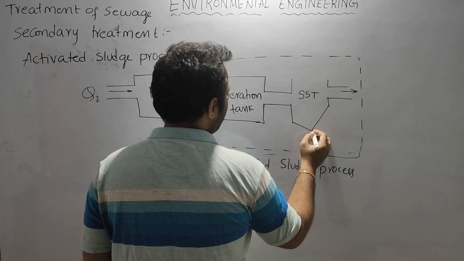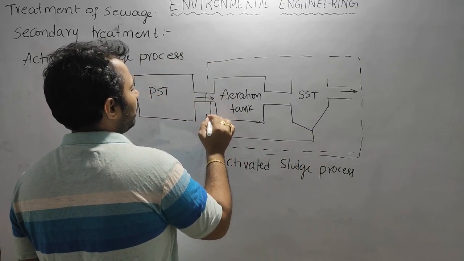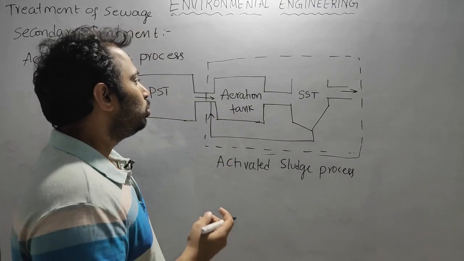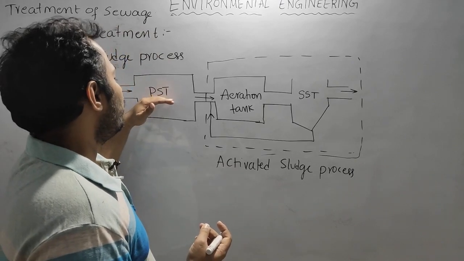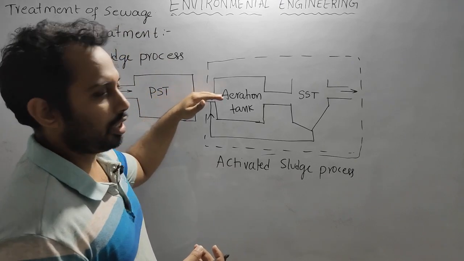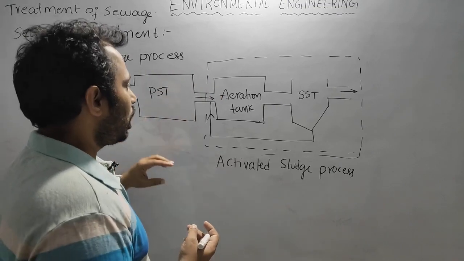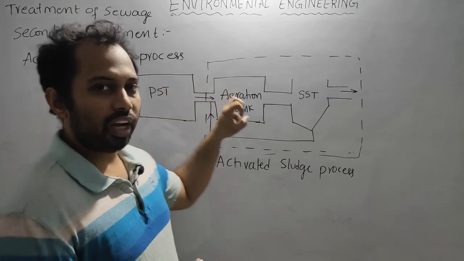This activated sludge we will send back into the aeration tank. We send some part of the activated sludge to seed, because whenever the influent comes into the aeration tank from the primary sedimentation tank, the microorganisms may not be present that much, but a large amount of organic matter will be present.